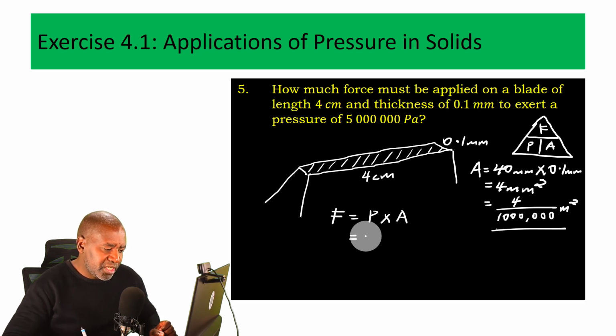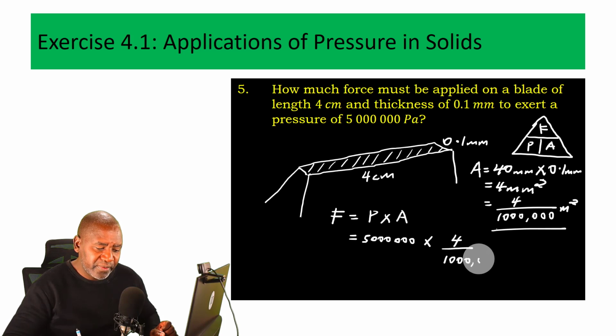That pressure is 5 million newtons per meters squared times area in meters squared, 4 over, again, 1 million. You see how the millions cancel out, and I end up just getting a force of 20 newtons.